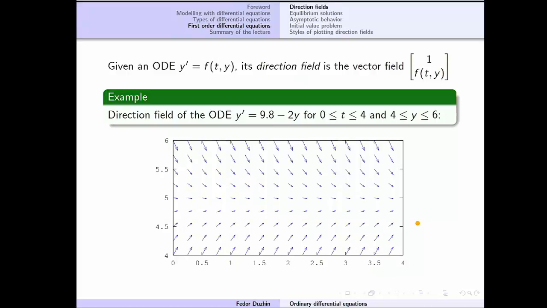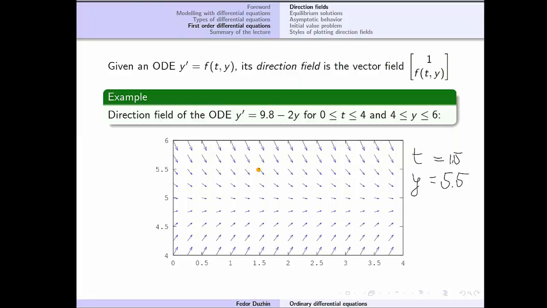So let me give you an example. Suppose that I want to look at, say, this point. Suppose that t equals 1.5, and then y here equals 5.5.